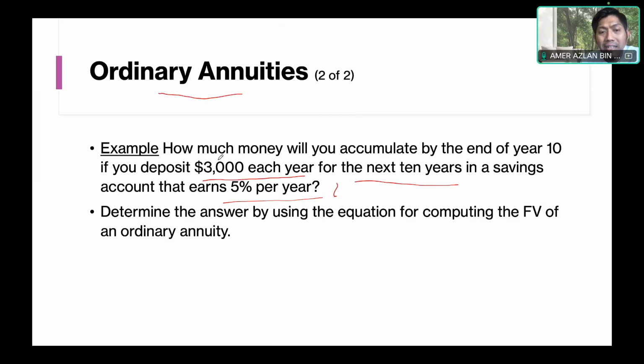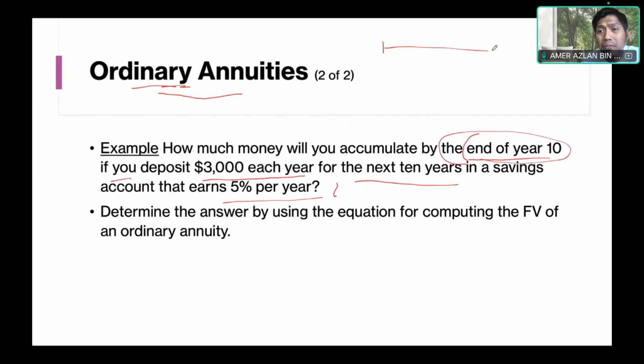The question here is, how much money will you accumulate by the end of year 10? How do you know if this question asks about an ordinary annuity? It mentioned here, by the end of year 10, pada penghujung tahun yang ke-10.